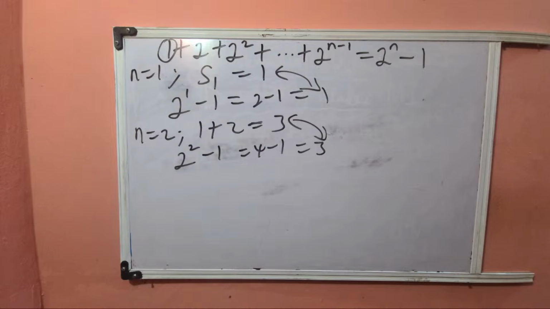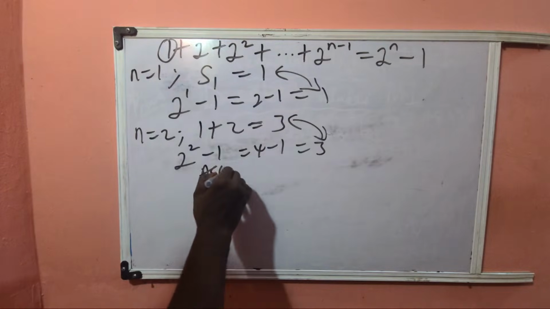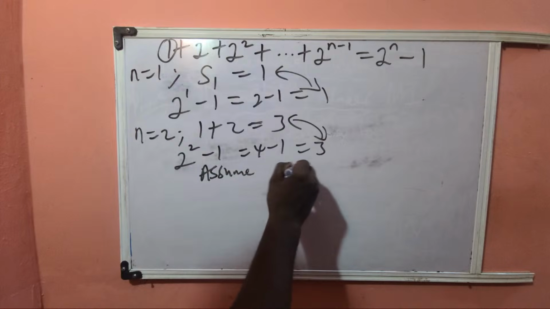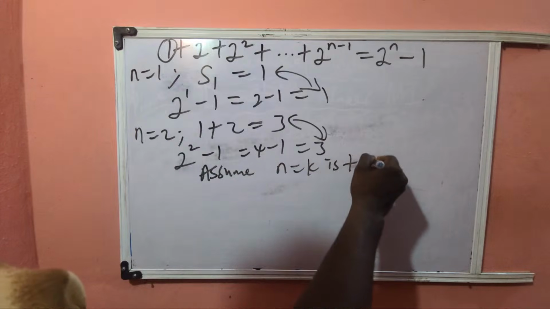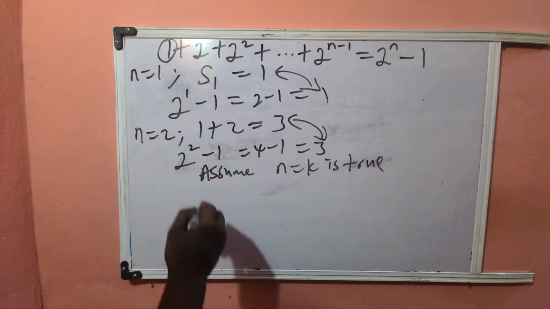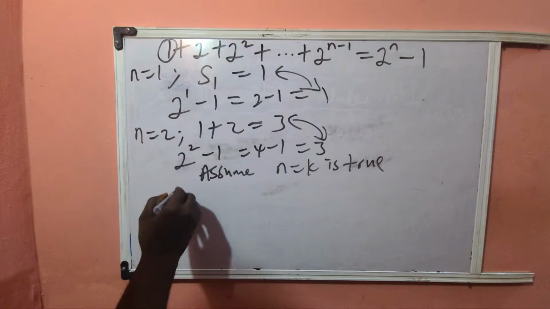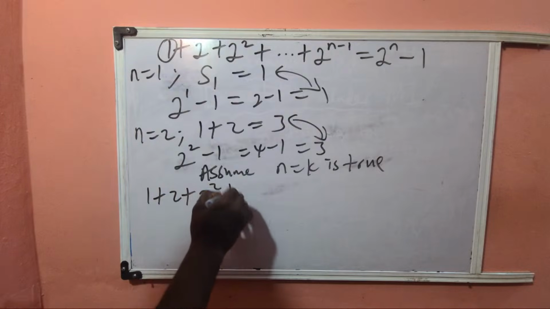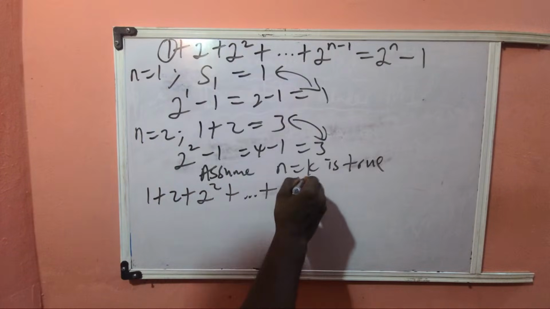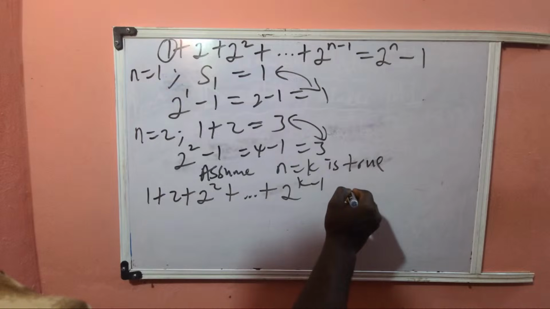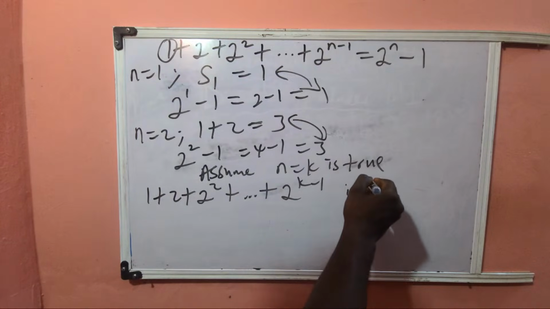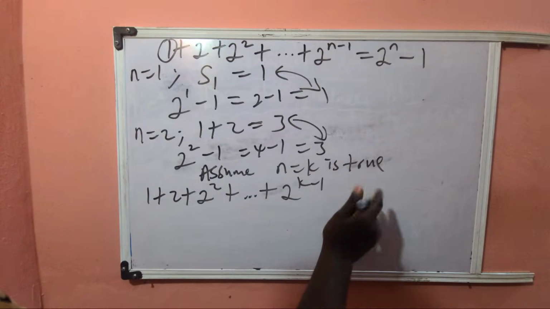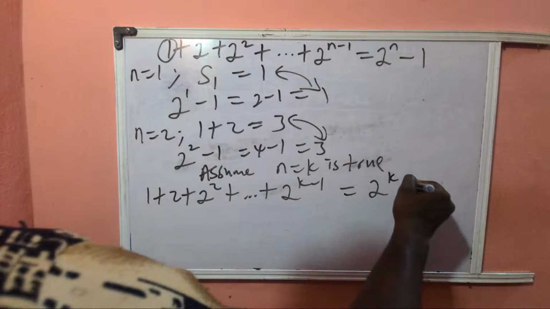So our base step has worked very fine. But what matters now is to assume, before you go on to prove that n equals k plus 1, that n equals k is true. If this is true, of course, you're going to have 1 plus 2 plus 2 raised to power 2 plus ... plus 2 raised to power k minus 1 being true, and it will be equal to 2 raised to power k minus 1.